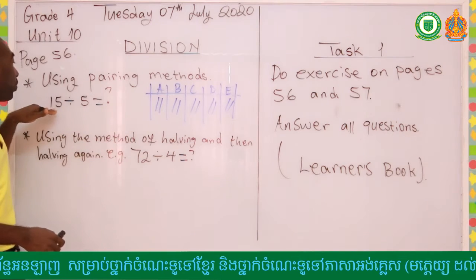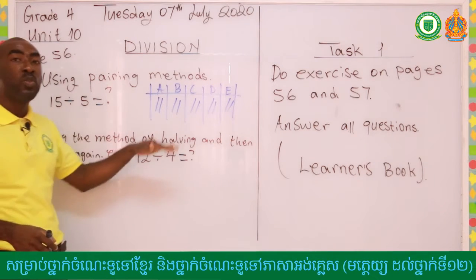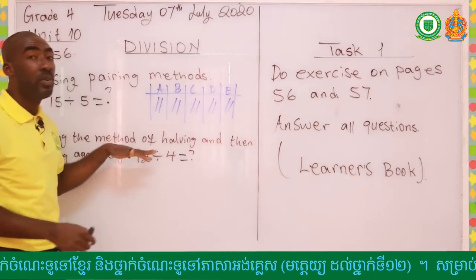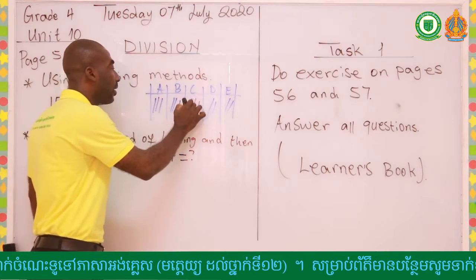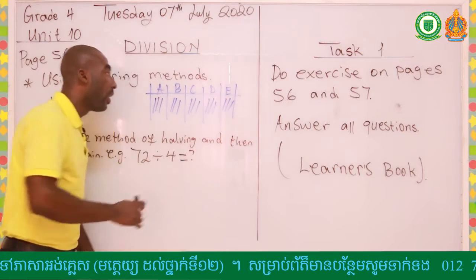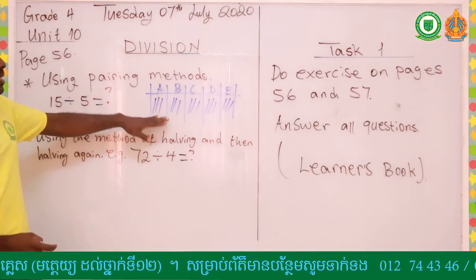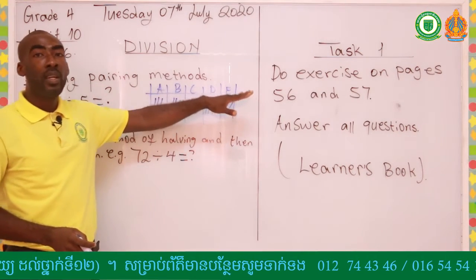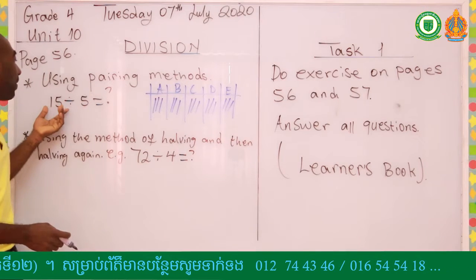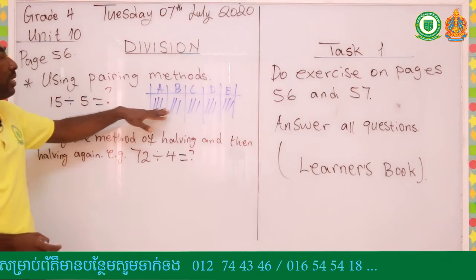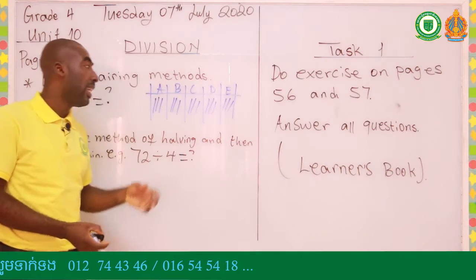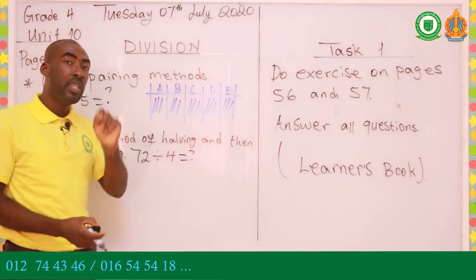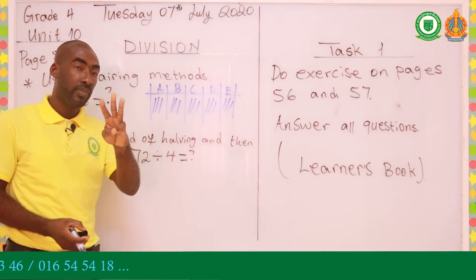So our oranges will reduce from 15 to 5. Now they take the last one. Everybody is taking 1. So when everybody has taken the third orange, we have 0 here. That means if 5 people are going to share 15 oranges, each of them is going to get 3.